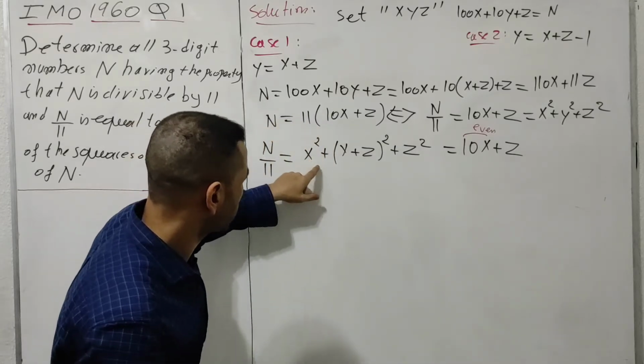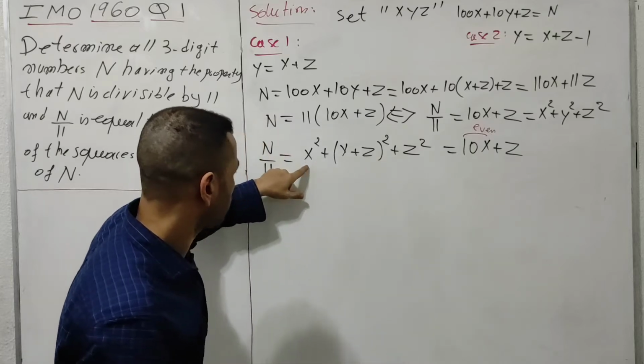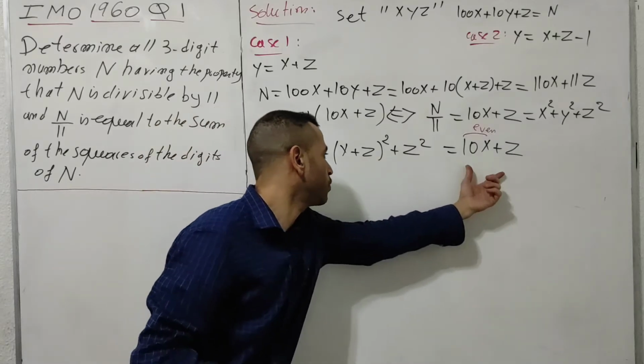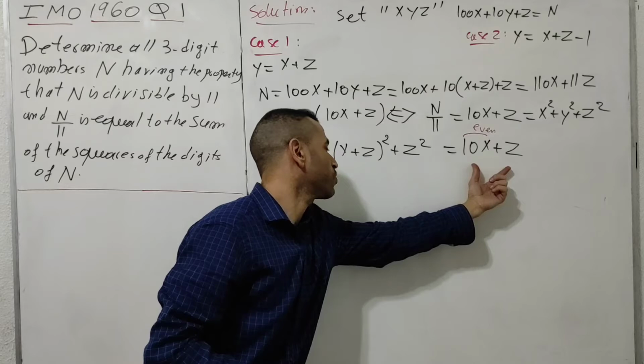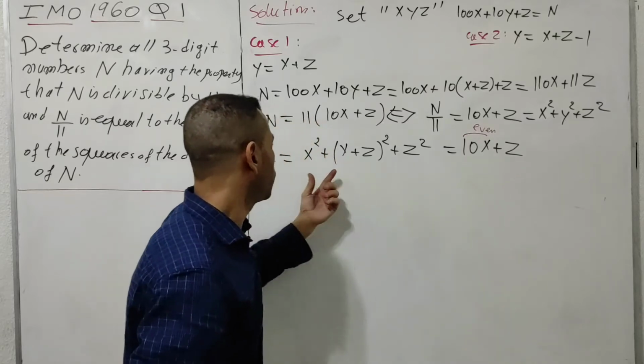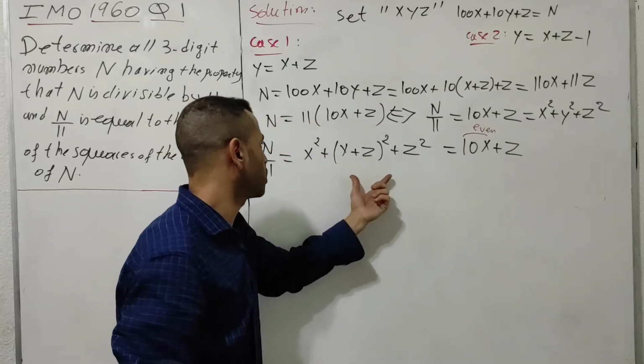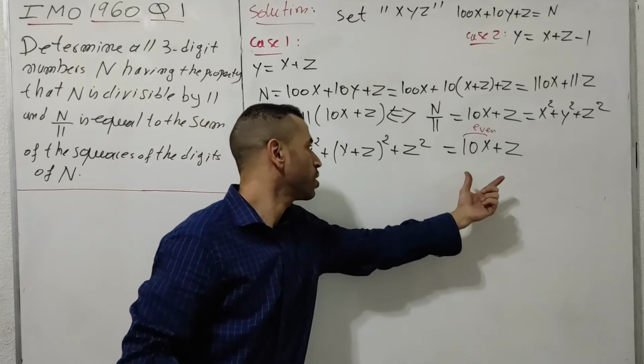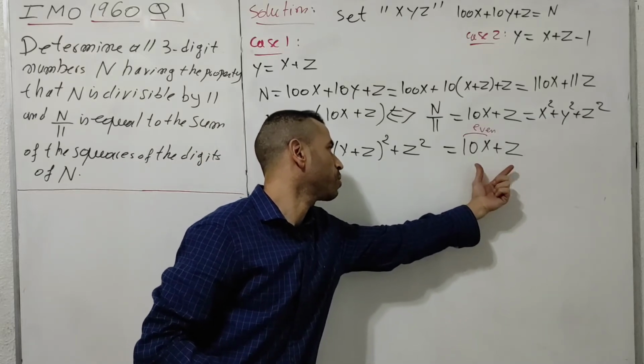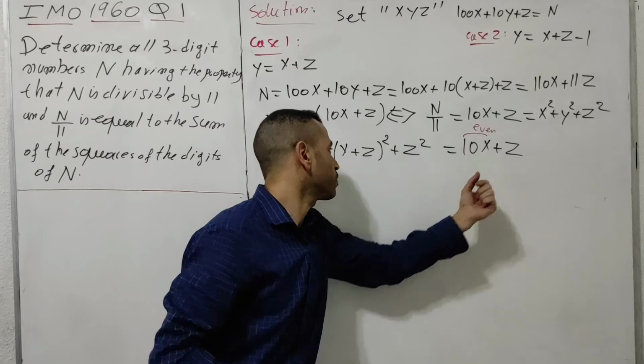So if you have both x and z even, that gives you even, which means the right hand side of this equation must be even as well. If both x and z are odd, the right side of this equation must be even as well.